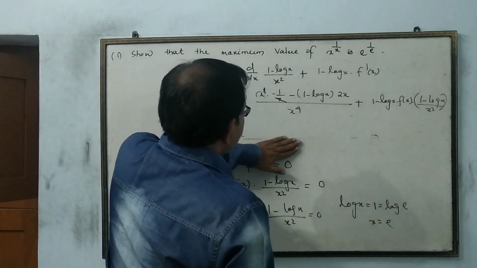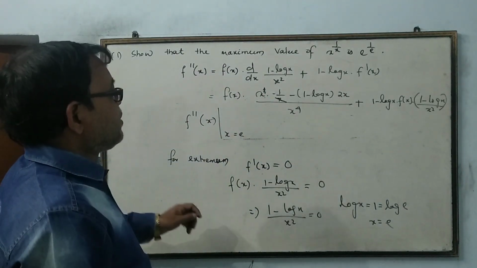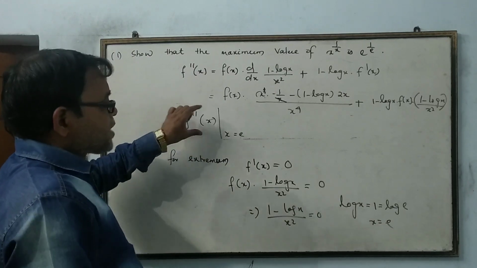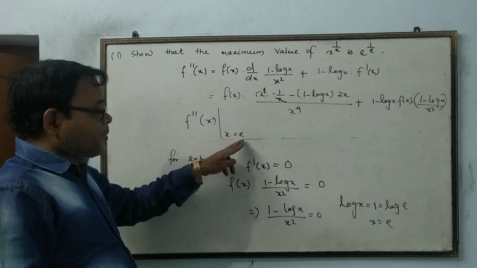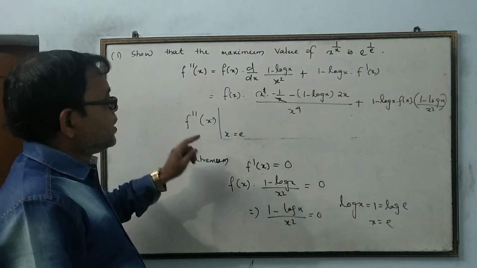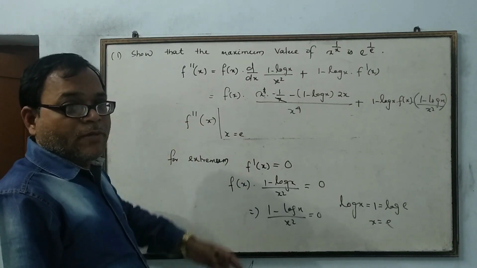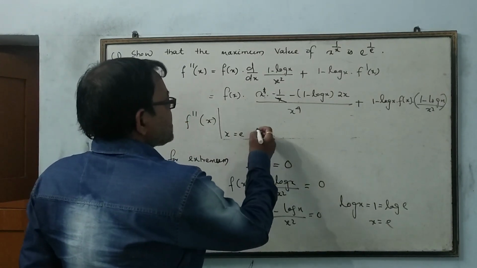Our question is to find the maximum value. So in order to find it, we have to check the second order derivative at the point of extremum. If it is negative, then it would be maximum. If it is positive, then it would be minimum. So you have to check f double dash of x at x equal to e.